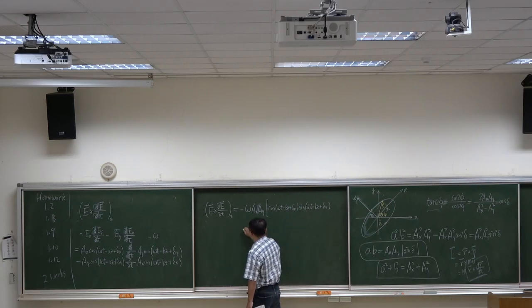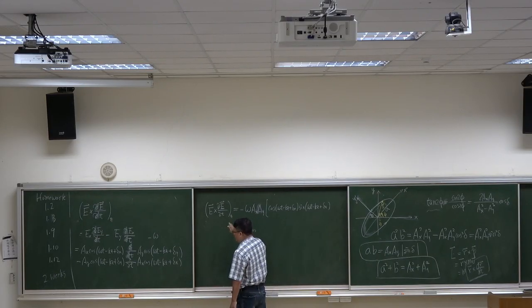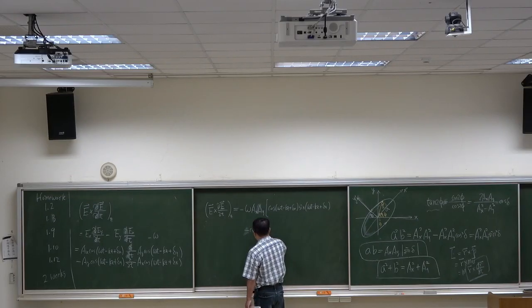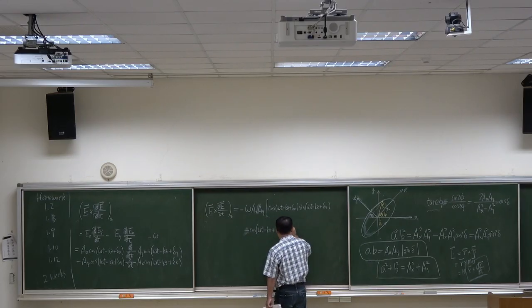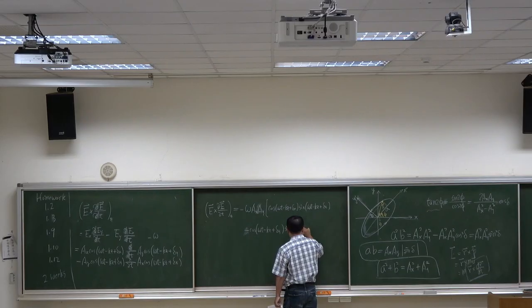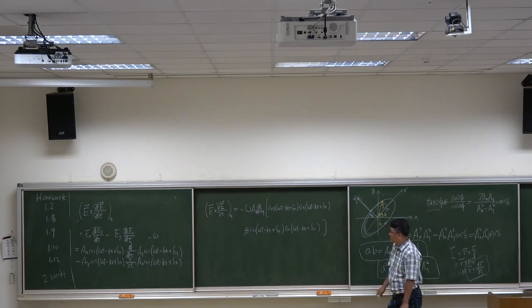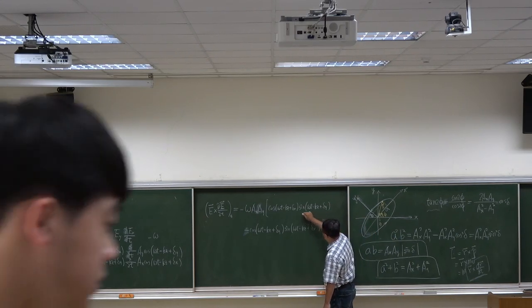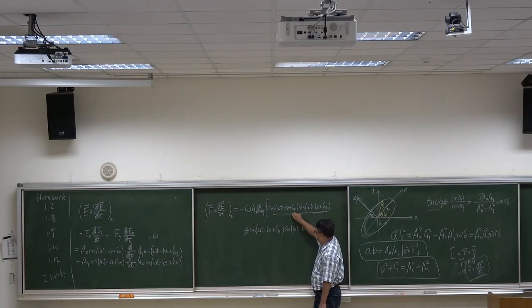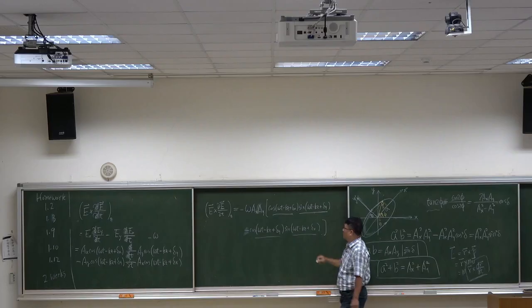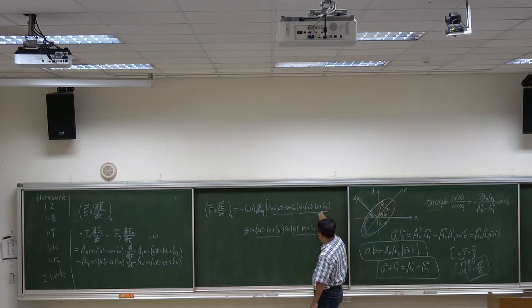And minus cosine omega t minus KC plus delta y sine omega t minus KC plus delta x. 等一下，那个 minus 已经提到外面去了。Okay. So here we see that we have sine cosine minus cosine sine. Okay.